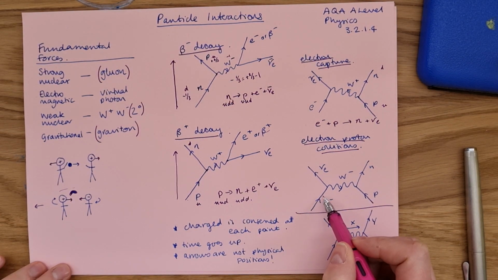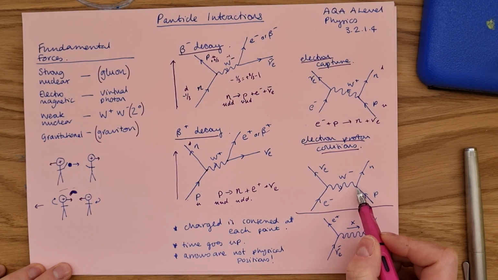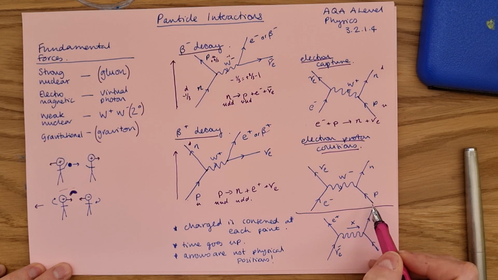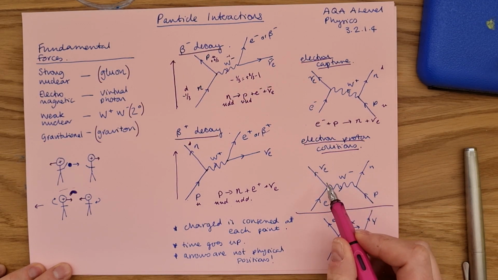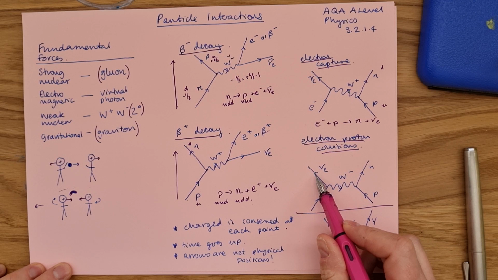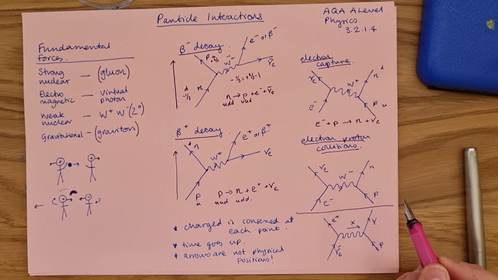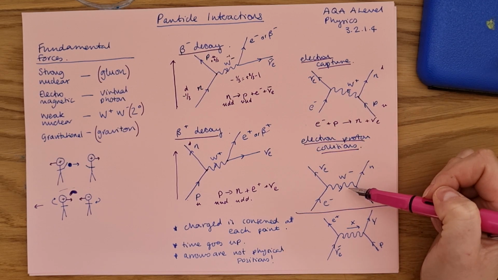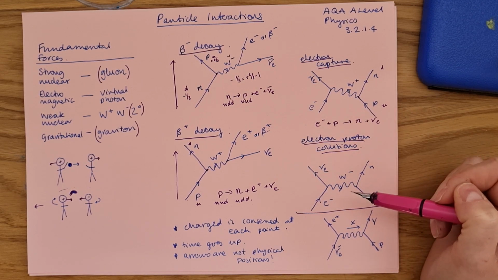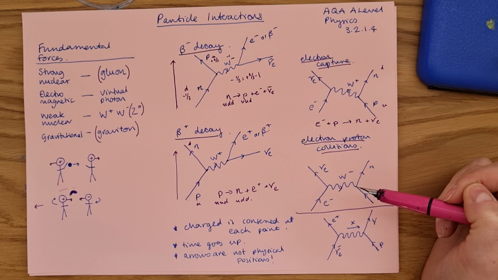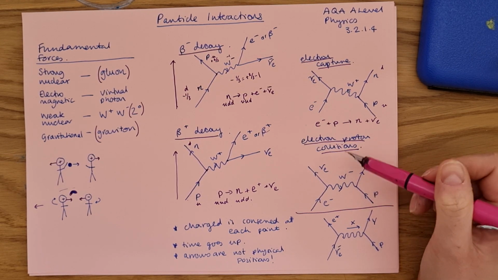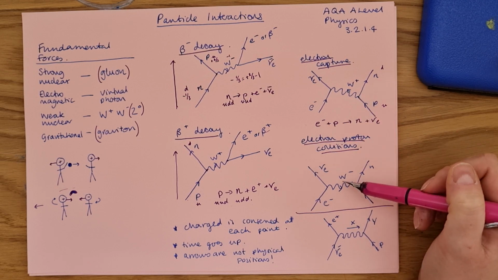Now, electron-proton collision is slightly different because it is an electron colliding with a proton. So we kind of start, if you like, with the electron, W minus boson, and then the electron collides with the proton, and then you end up with your electron neutrino and your neutron. They're very similar diagrams. The only difference is the boson and the direction that it goes. And actually, in one of the exam questions, they accepted either way, whichever one you drew.